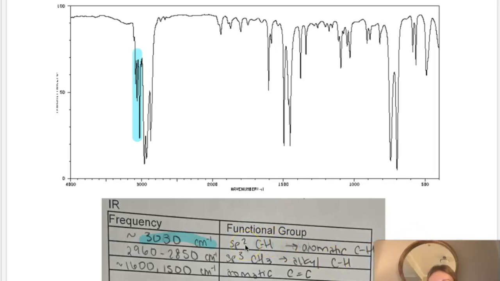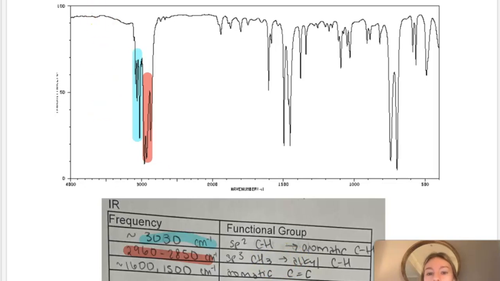So those would be the hydrogens coming off of the benzene ring. And then next up, right below 3000, we have sp3 CHs. So this could be CH2, CH3, so I was saying, oh, this could be just a regular alkyl CH group.